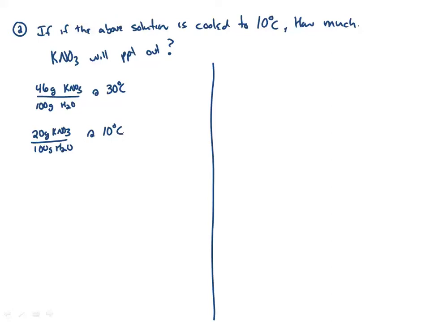Does everyone see where the 26 is coming from? But that's 26 grams of KNO3 per 100 grams of H2O that will precipitate out. But remember, how much did we start with in that solution?